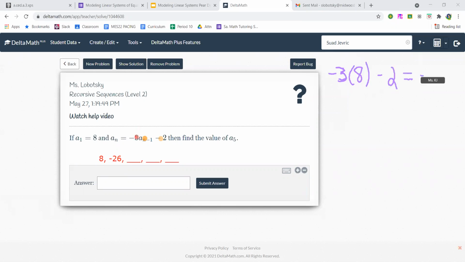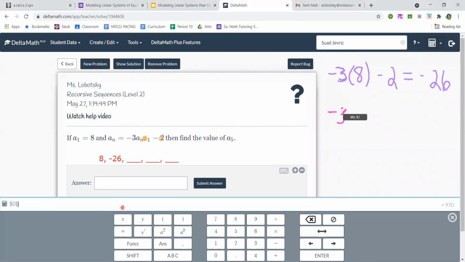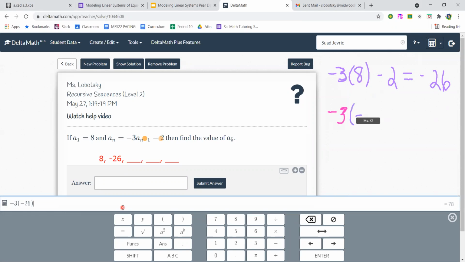We're going to multiply it by -3, and we're going to subtract 2. So now I'll do some math. So -3 times -26 minus 2. And we get 76.